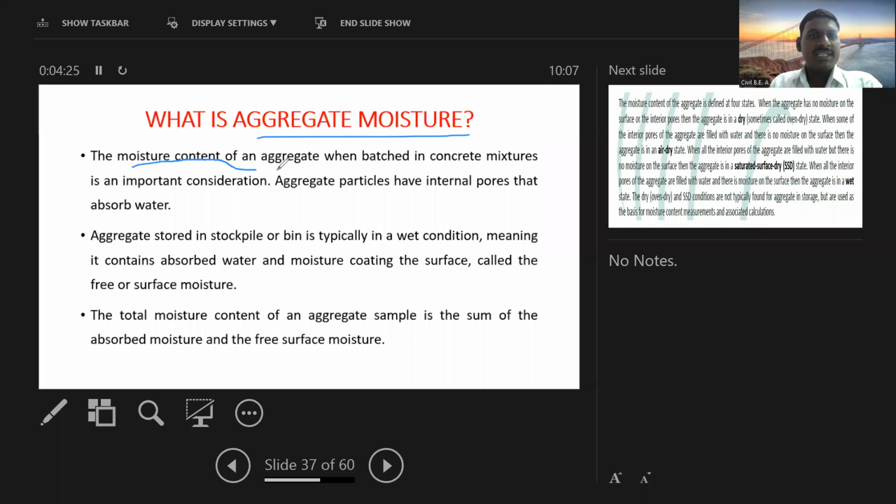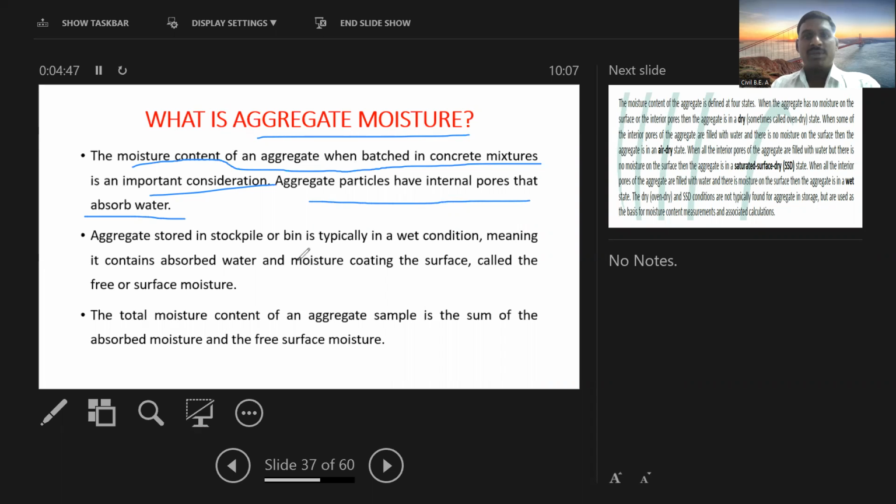So the moisture content in an aggregate when batched into the concrete mixer is an important consideration. Why? We have to take the moisture content in the aggregate into consideration while mixing the concrete.